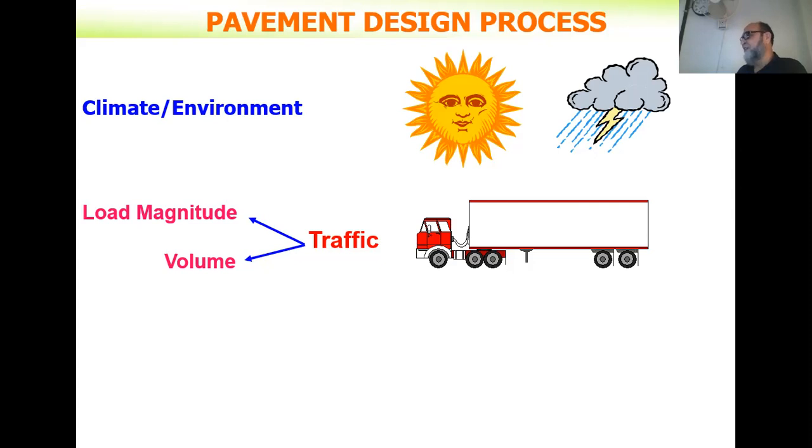So the number of repetitions is what causes the failure. One incident is okay, but it should not be regular. So not only is the load important, but also how many times it is applied to your surface.